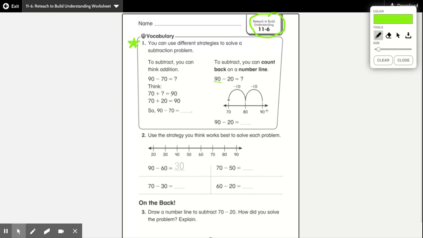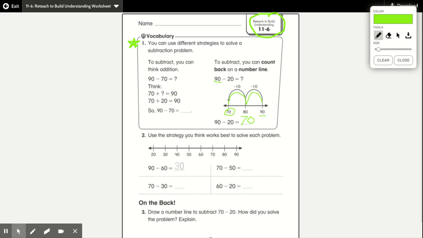Remember, when we subtract on an open number line, we always start at the right and hop backwards because we're taking away. 90 minus 2 tens, 10, 20 gives the answer, or the difference, 70. Okay, so they just gave us an example of thinking addition and using an open number line. So those are 2 different strategies you can use to solve a subtraction problem.